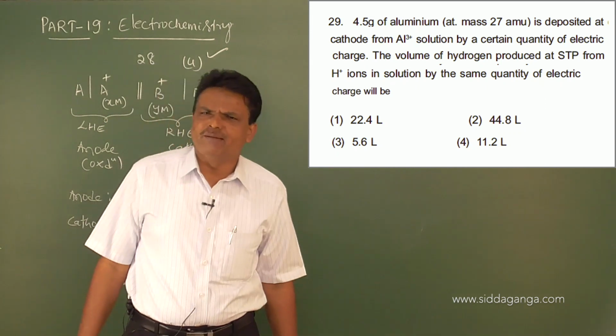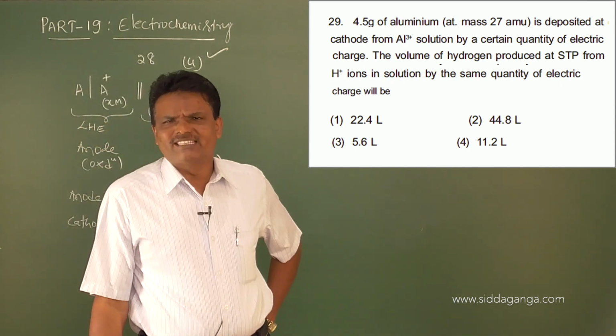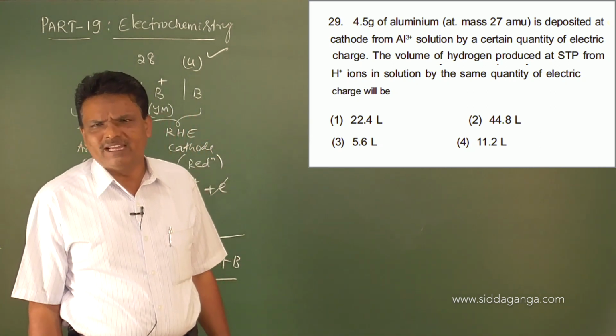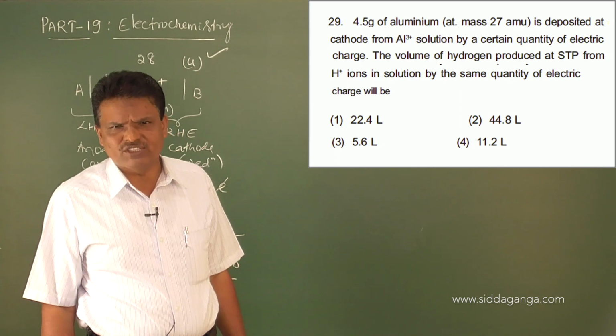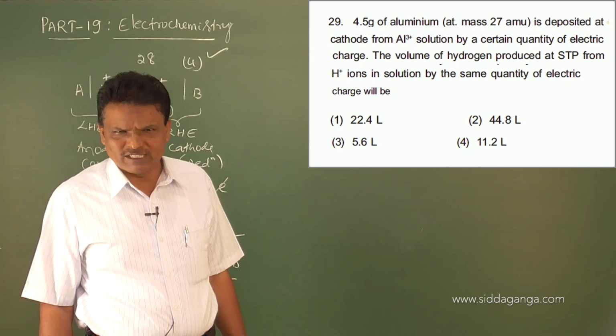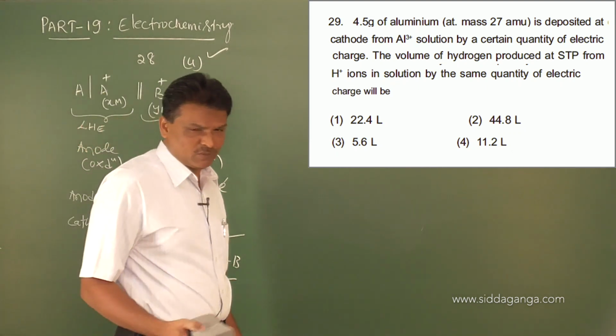4.5 gram aluminium, atomic mass given as 27 AMU, is deposited at cathode from Al plus 3 ion solution by a certain quantity of electric charge. The volume of hydrogen produced at STP from H plus ions in the solution by the same quantity of electric charge will be?